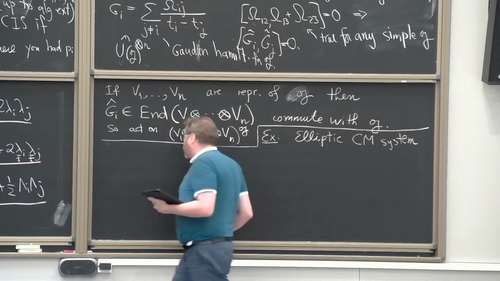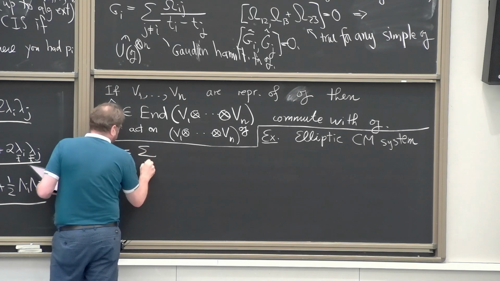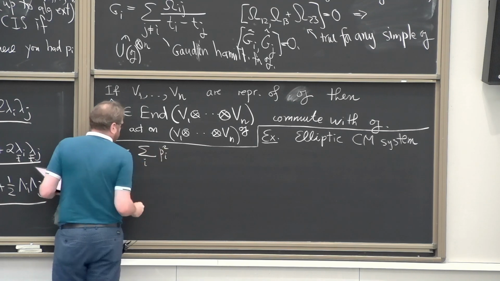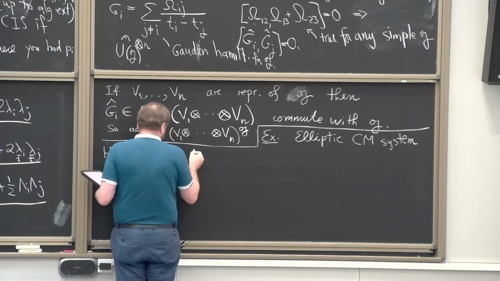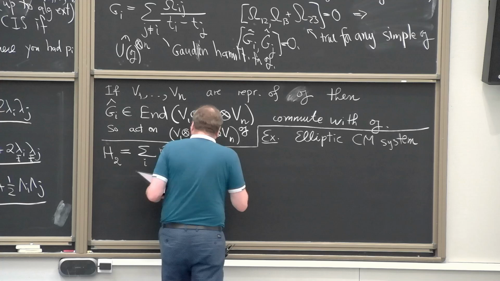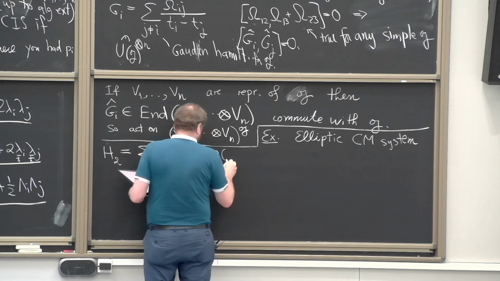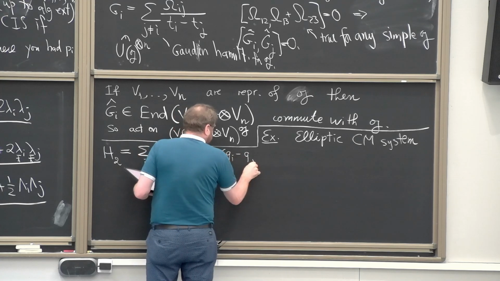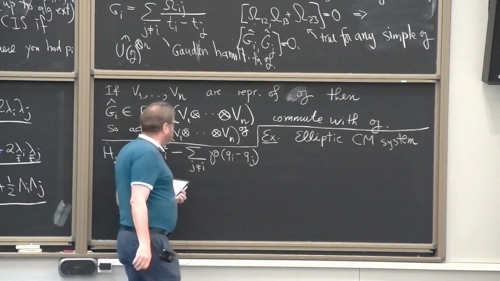So let's recall that the classical Hamiltonian H2 of this system is the sum over i of p_i squared minus, let's say, sum over j different from i, ℘ function of q_i minus q_j. There is some coefficient here, but it can be rescaled, so I'm just putting 1.